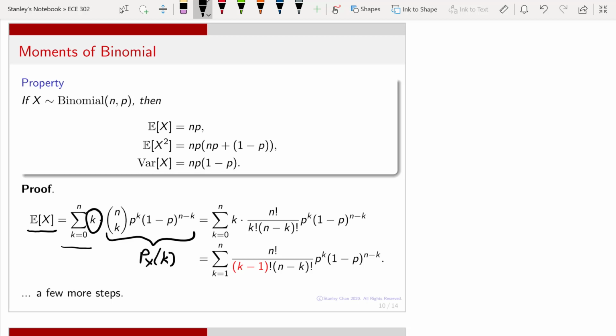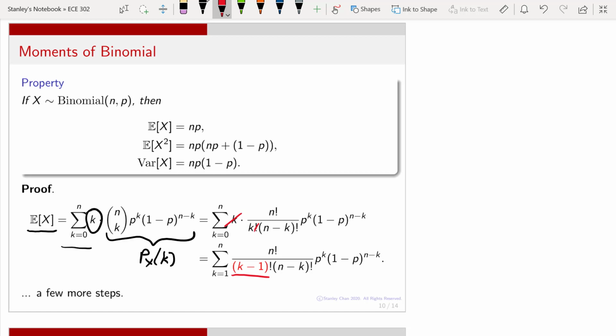So when you try to calculate this, you notice that we need to carry out the multiplication and also the summation with respect to this k. And so you see that there's a k here, there's a k factorial here, and so they cancel out, and then you have k minus 1 factorial.